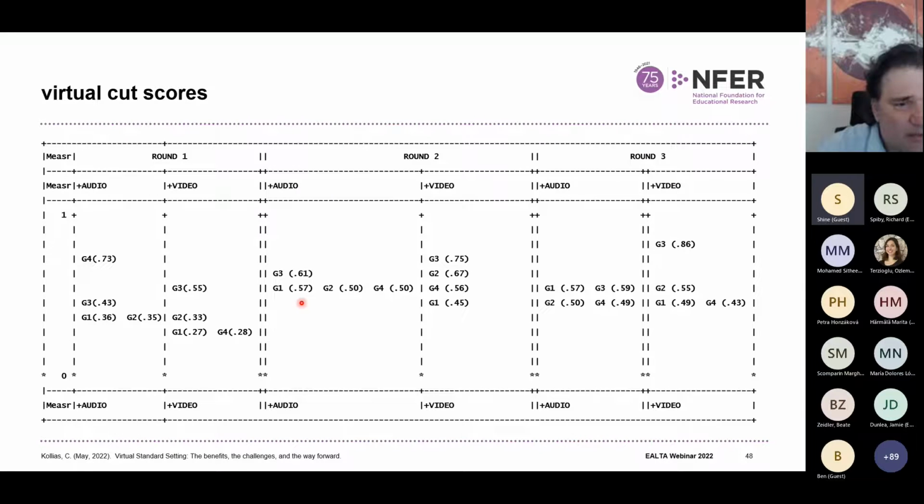Group 1, 0.57 with 0.45, 0.12 again. Group 2, 0.50 with 0.67, we got 0.17 difference. Group 3, 0.61 with 0.75, 0.14 difference. And group 4, the difference being 0.06. I get very minute differences.